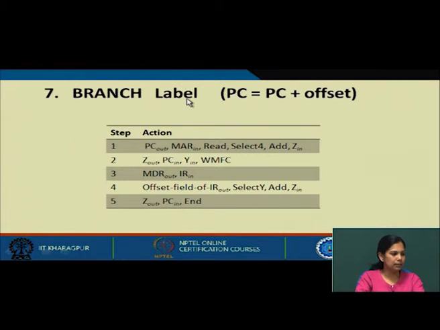Branch to label means the content of the PC value should be added or subtracted depending on the offset, and we get a new PC value where we have to go and fetch the instruction.